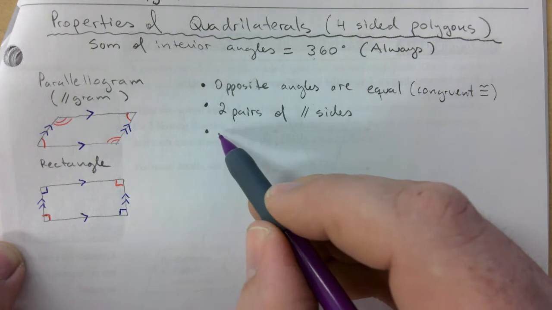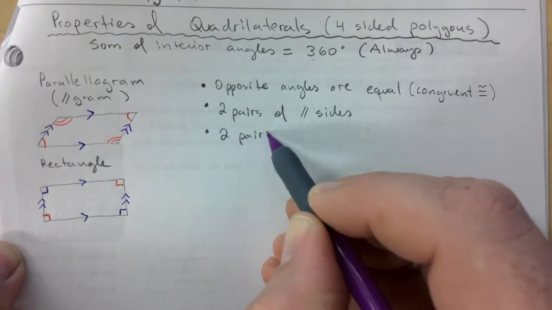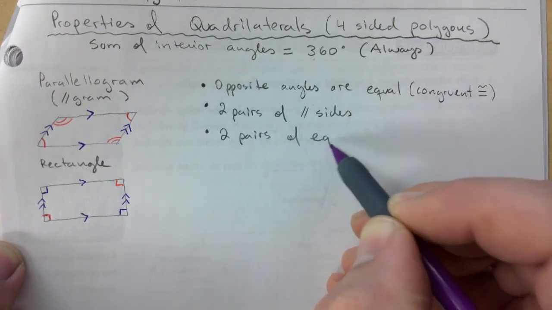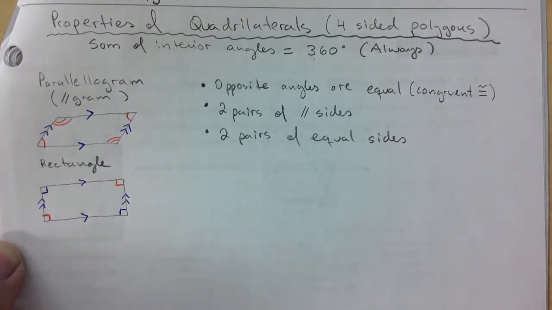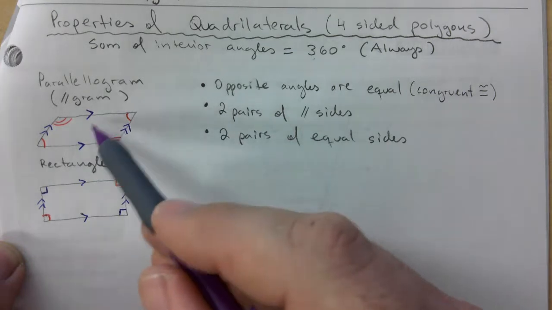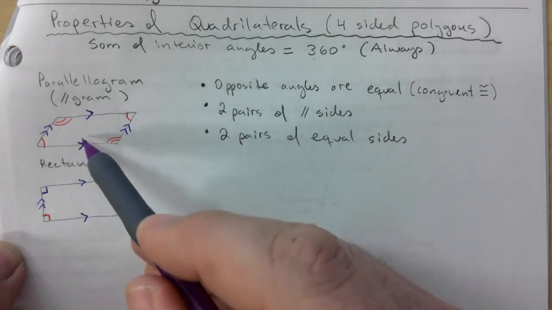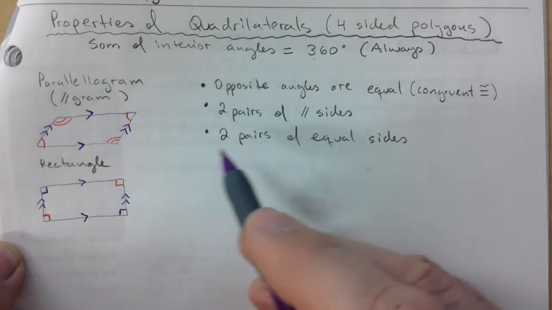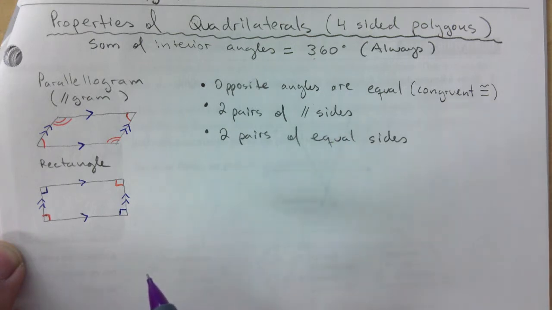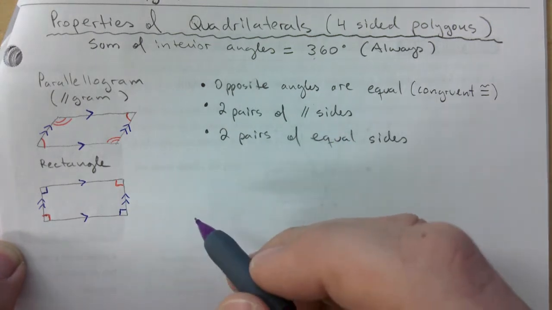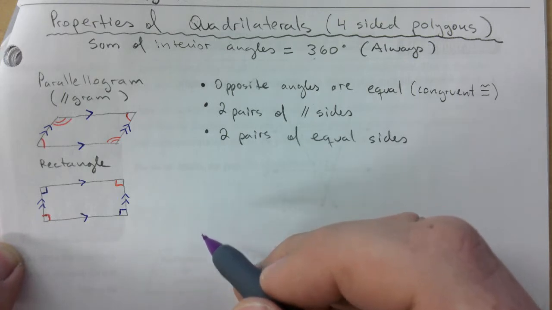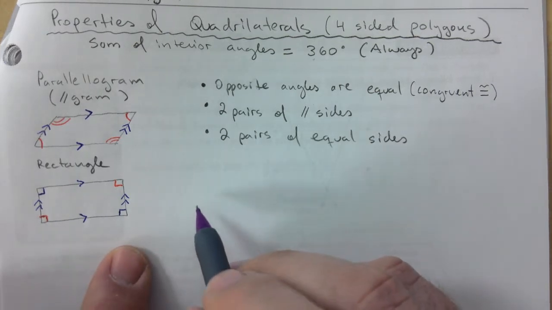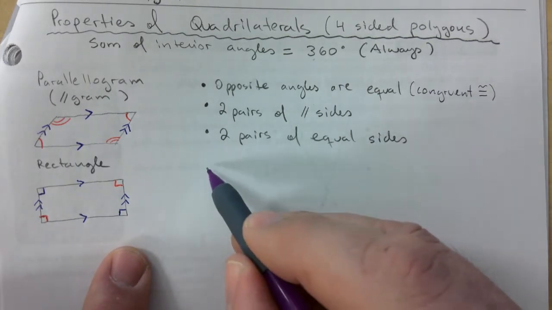They also have two pairs of equal sides, meaning that their side lengths are the same. There's two pairs, right? There's one pair here and one pair this way. So two pairs of equal sides, so they measure the same. And here you have to be careful.